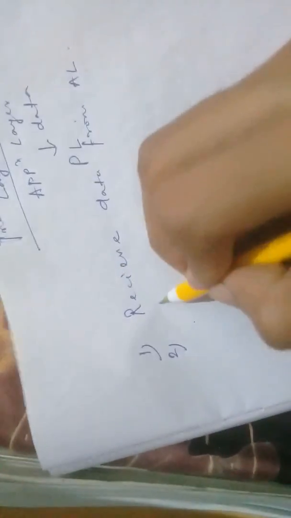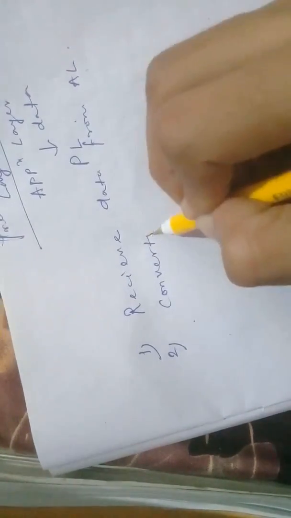The first function is to receive data from the application layer, and the second is that it converts the data into binary data.